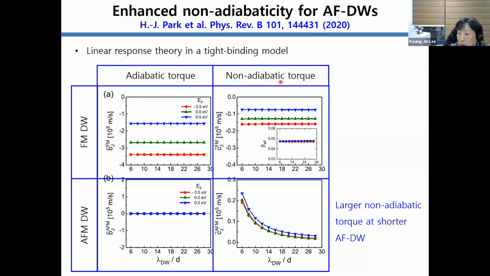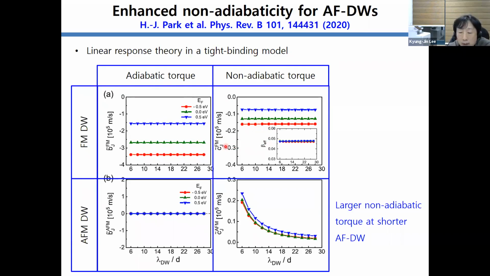The right column is for the non-adiabatic torque. There is the Fermi level, and the horizontal axis is the domain wall width. In the case of the ferromagnet domain wall, the adiabatic torque is constant and the non-adiabatic torque is constant, so we can determine the beta term by dividing these two.